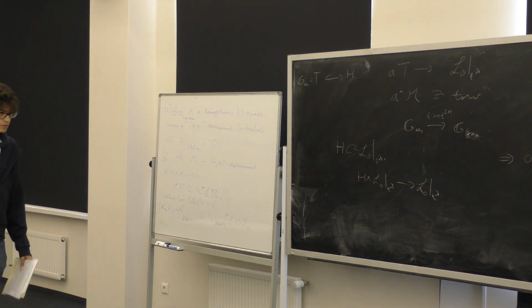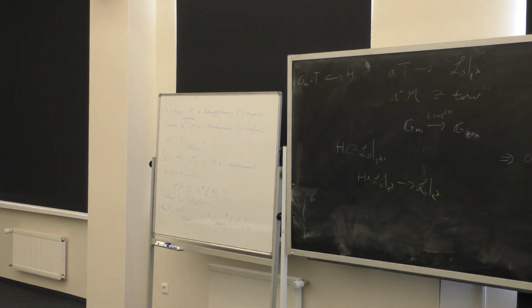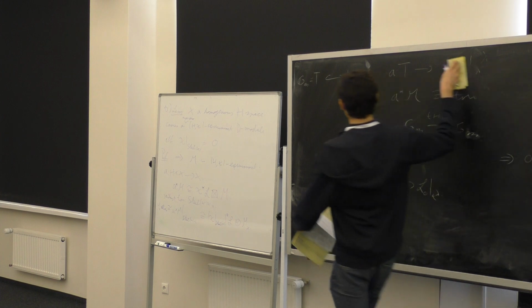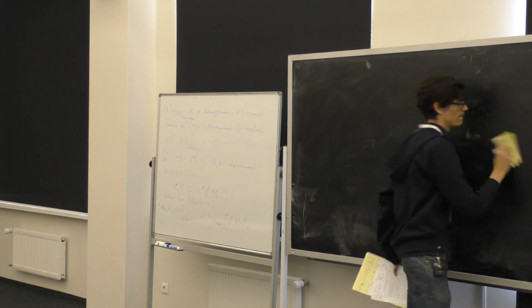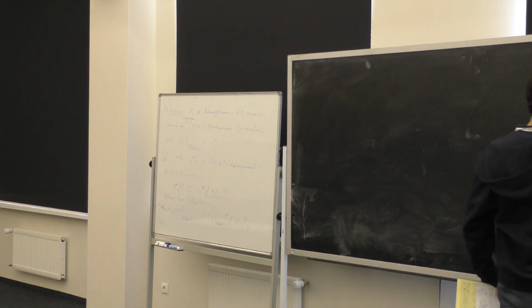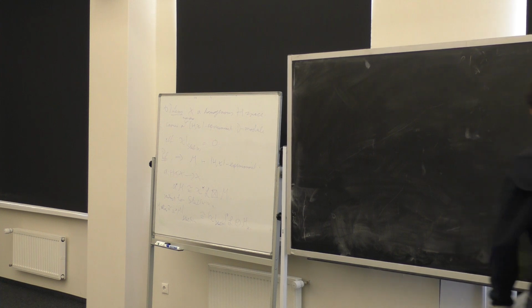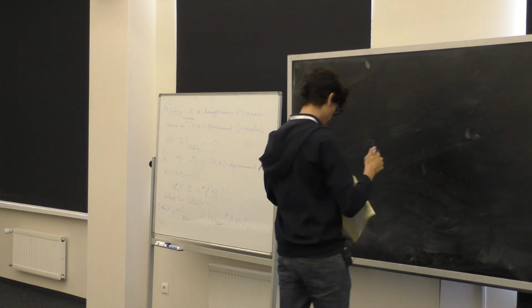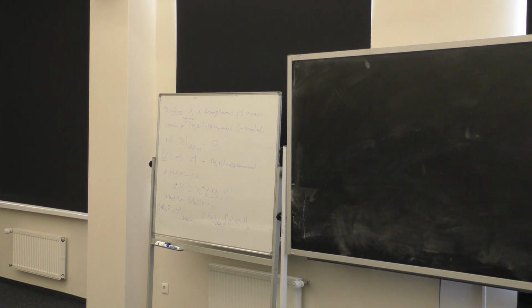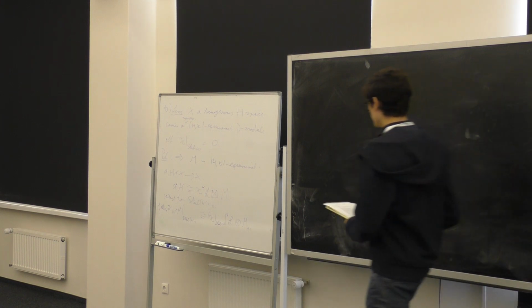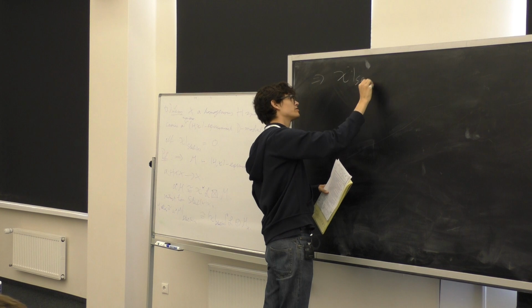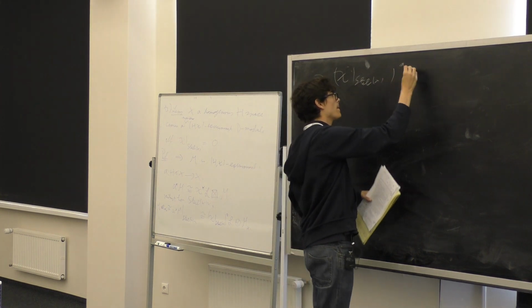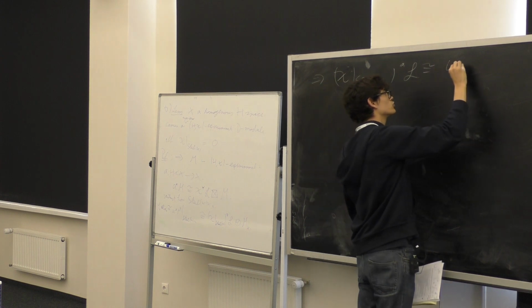So we must have that chi restricted to the stabilizer of x, pullback of L, is trivial.